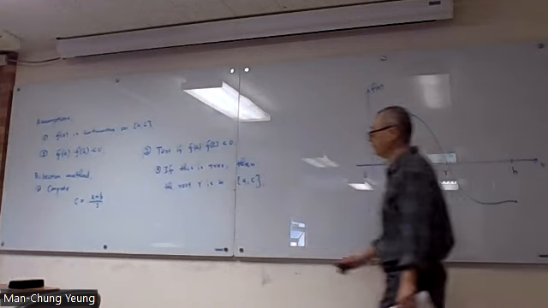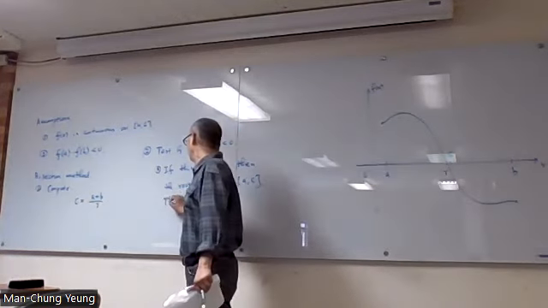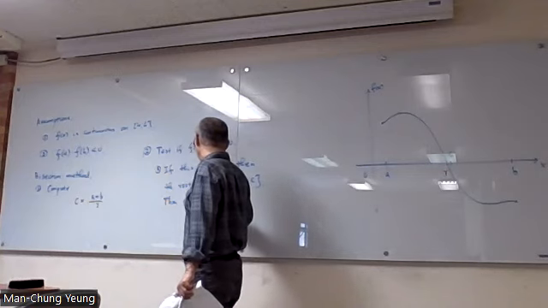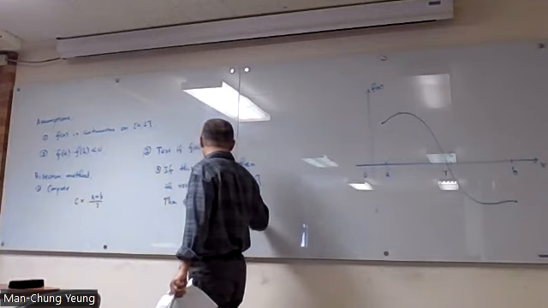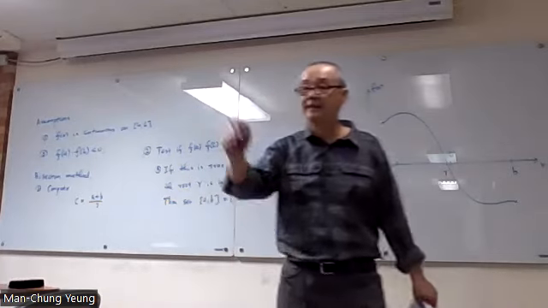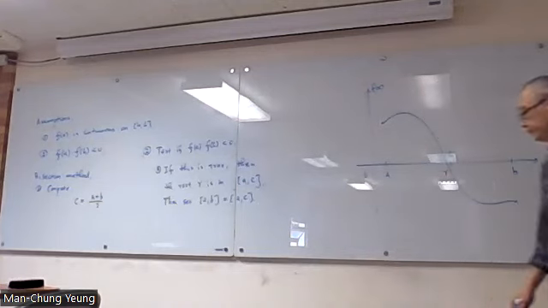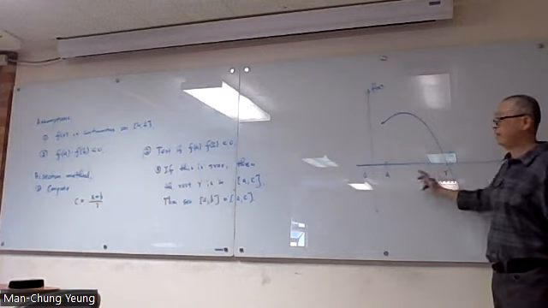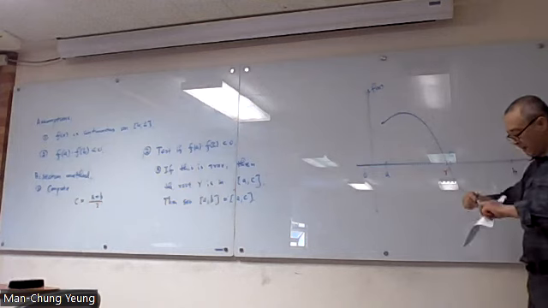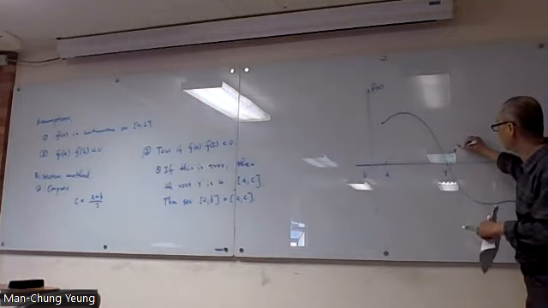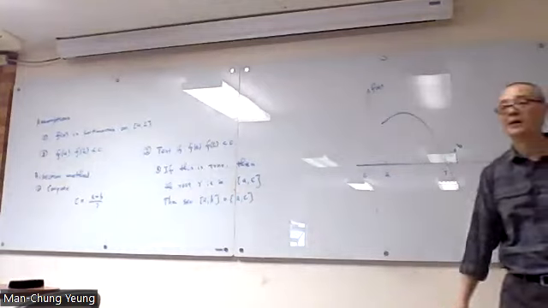And then set the new interval AB equal to AC. That is for the next step. In this case, yes, the root is in AC, so now I rename this C as B. Then we have a new AB.